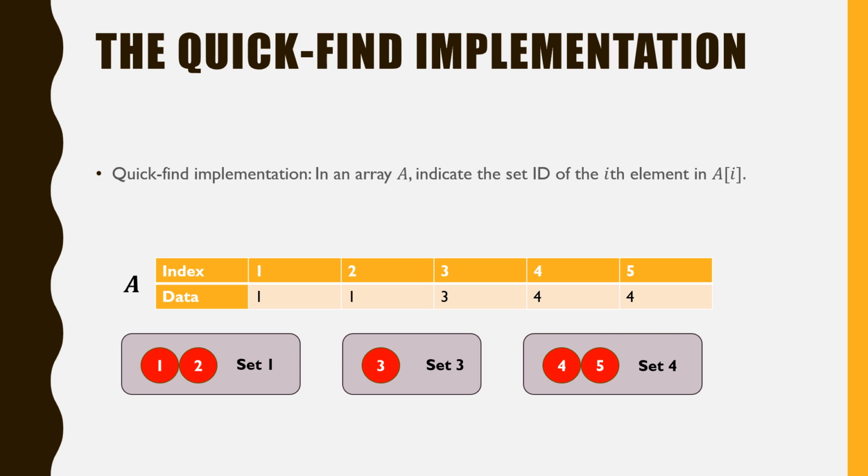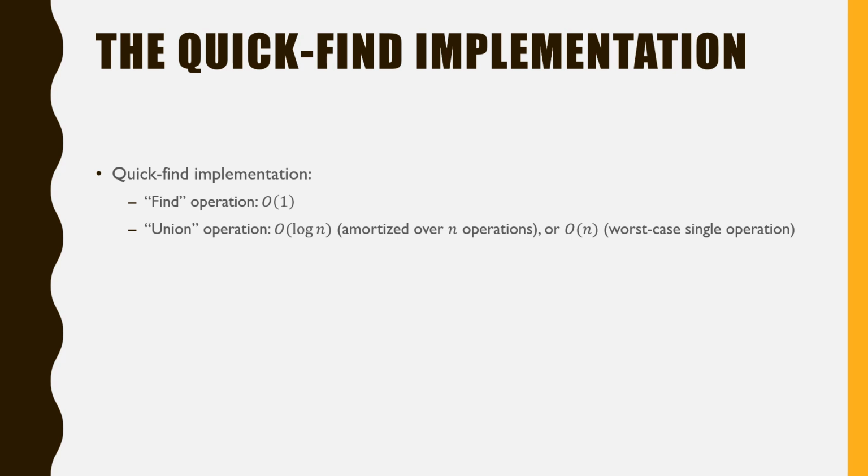This approach represents a disjoint set using an array A of size n, where n is the total number of elements. Each entry A[I] stores the label of the set that contains element I. For example, if A[I] equals J, then element I belongs to set J. In the quick find implementation, the find operation runs in constant time, O(1).